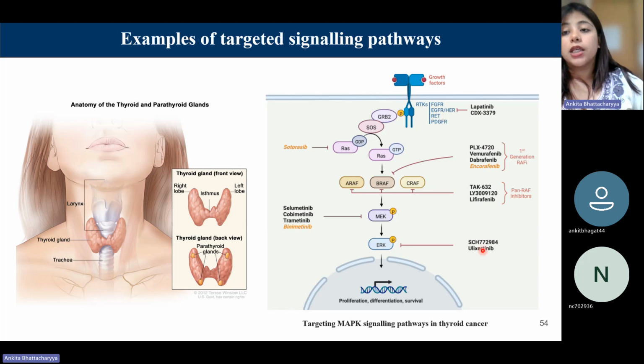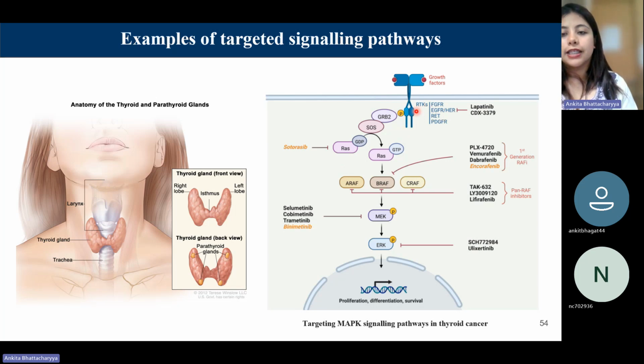Those are called the parathyroid glands, and that is basically what the morphology of the thyroid gland looks like. Now, this is one example of how MAP kinase signaling pathways are very commonly used as a therapeutic strategy for thyroid cancer. What exactly happens there? You have already studied this in a lot of detail. So, the MAP kinase cascade, as we normally know of it, involves the same RTK mediated activation.